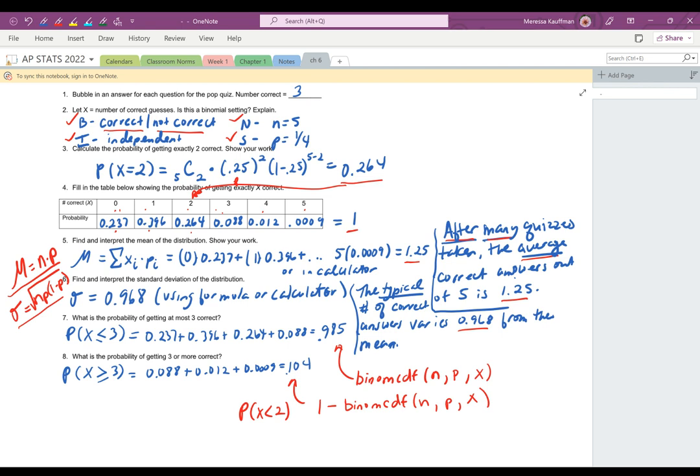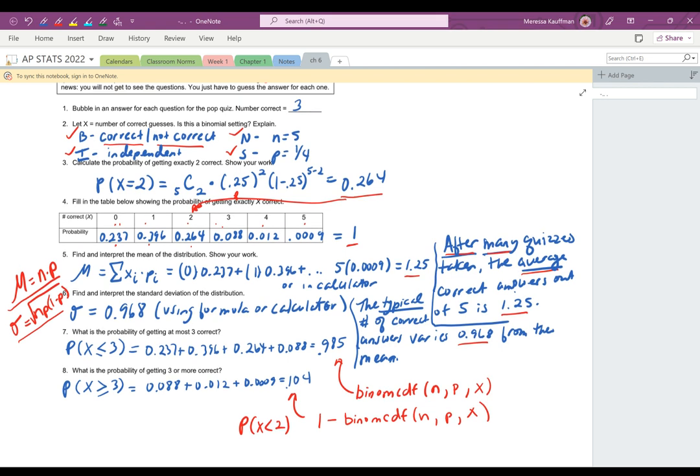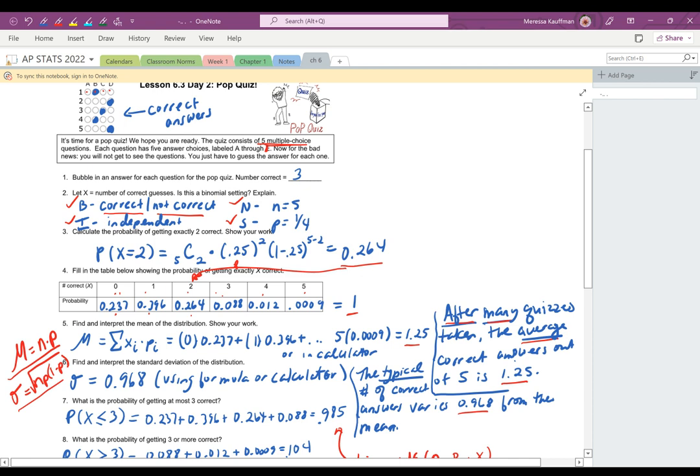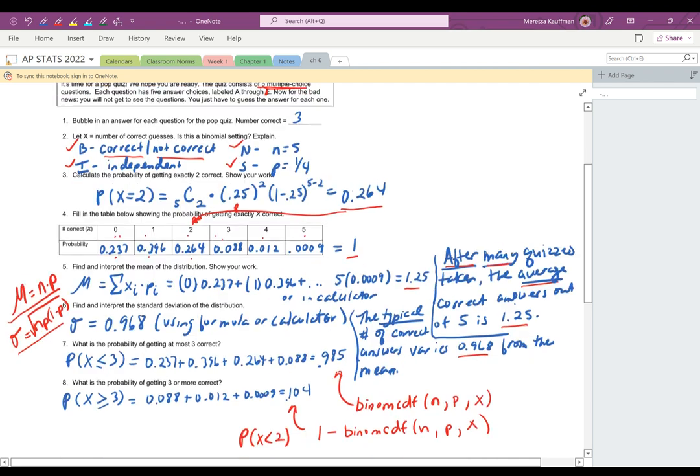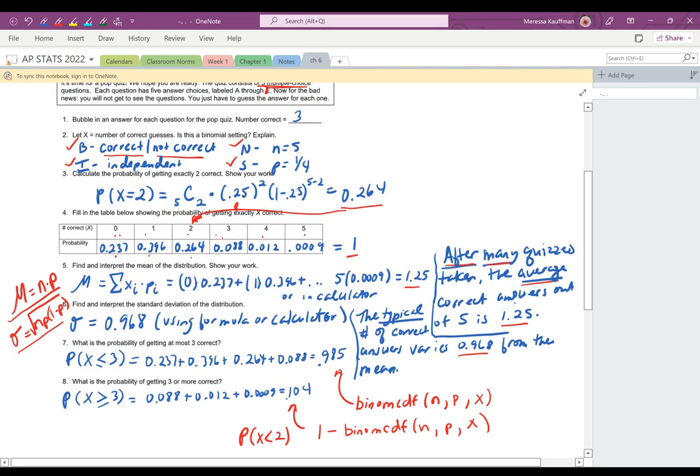So you have two new formulas to add to your notes for binomial distributions. And again, we can't use these formulas until we have checked off all 4 of the conditions for the setting. So we know it's a binomial setting, and then we know we can use this formula and this formula if we know how many trials or how many questions and the probability. So we don't have to do all these tables. We actually have a kind of a shortcut now.